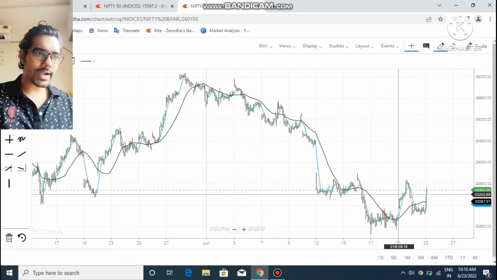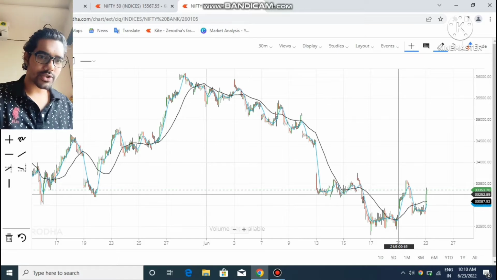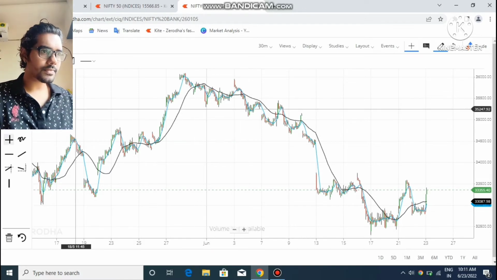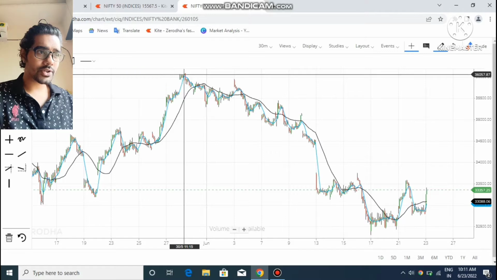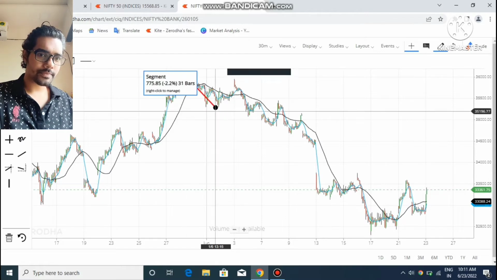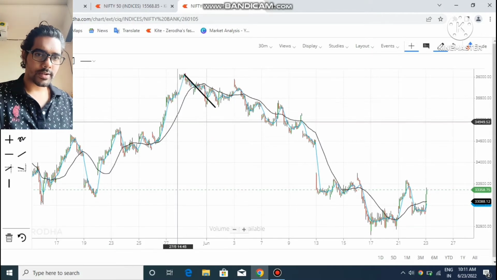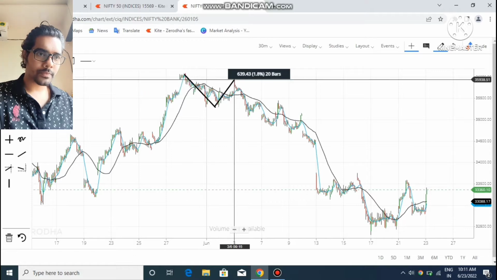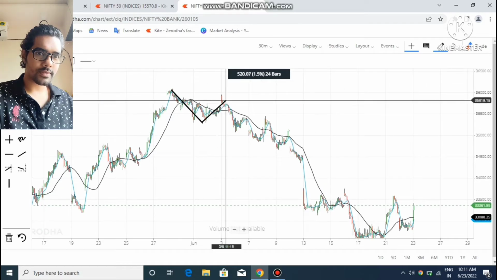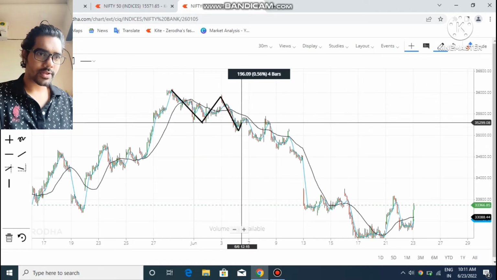Now look at the immediate resistance which you see. What's the immediate resistance? You see this? This is the ongoing downtrend.